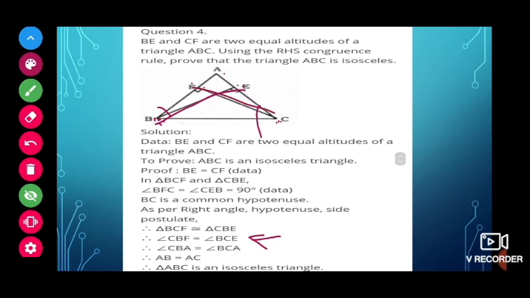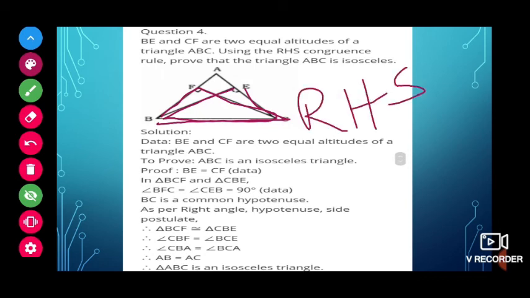One more time, children, I'll just explain. Here, in both these triangles, BE is equal to CF. In both these triangles, we have to use the RHS, right angle, hypotenuse, side. We have to show that these three are equal, so that we can say these two triangles are equal.